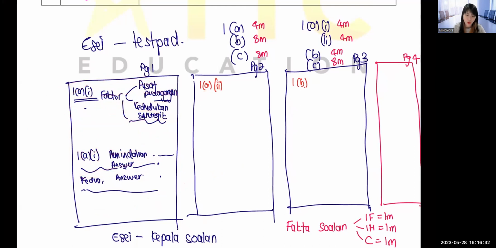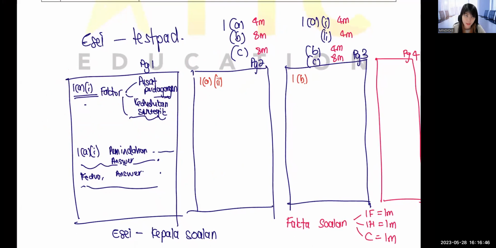So that's why I suggest your 1A, 1 page, 1B, another page. Each question, 1 page, to be honest. Then when you answer your question, some people like to write a draft before writing the whole essay or the whole sentence.